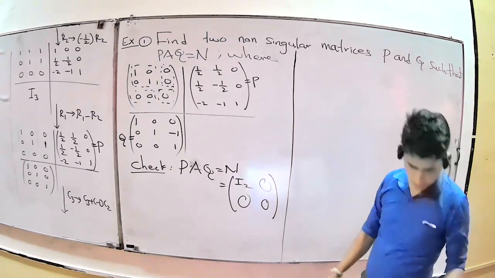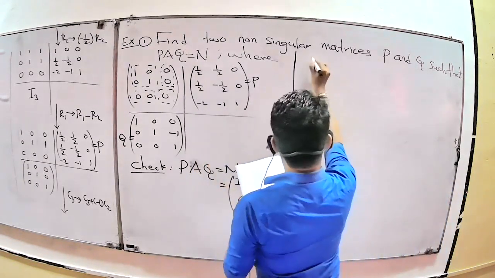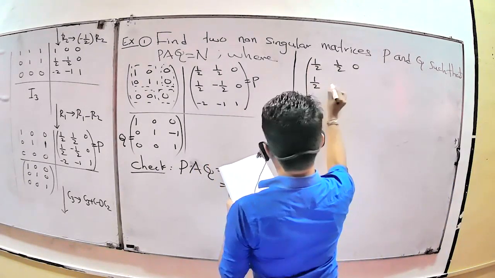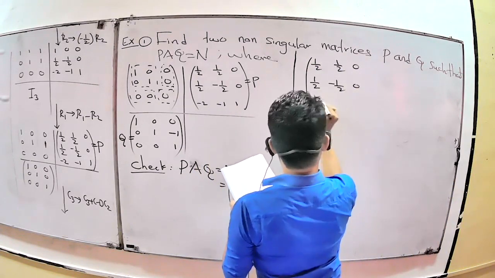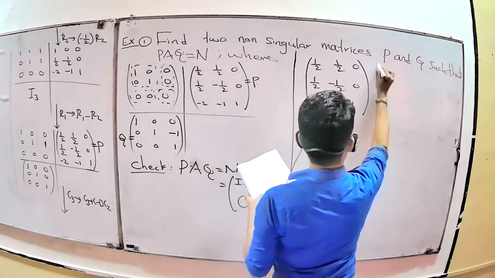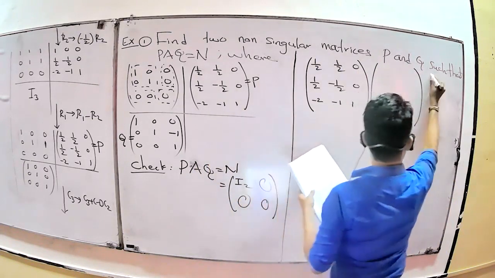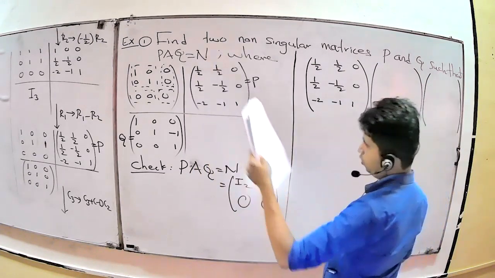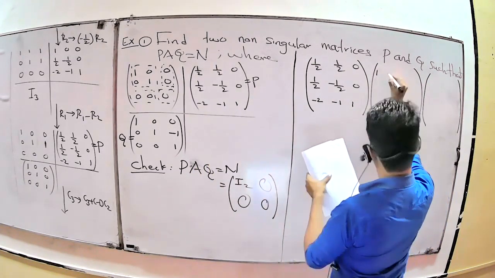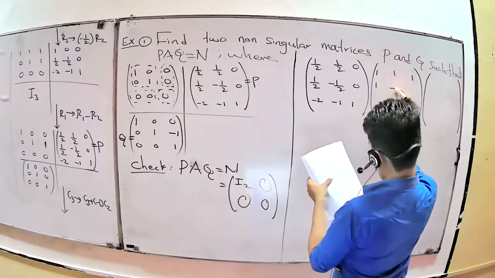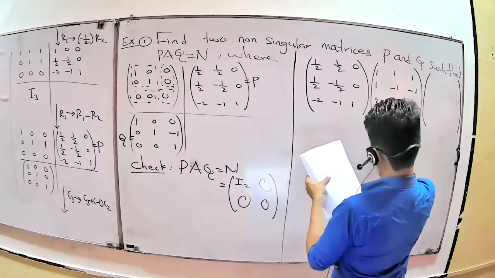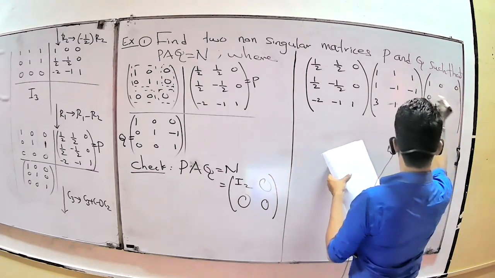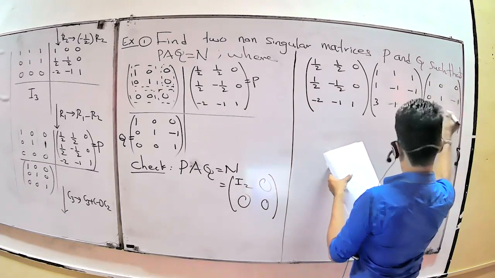Okay. Now, you know the P values. You multiply P, which is half, half, 0, half, minus half, 0, minus 2, minus 1, 1, by A. You already know the A values: matrix 1, 1, 1, 1, minus 1, minus 1, 3, 1, 1, and Q: 1, 1, 0, 0, 0, 1, minus 1, 0, 0, 1.